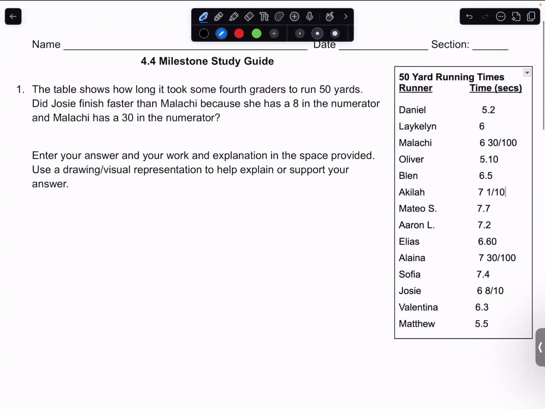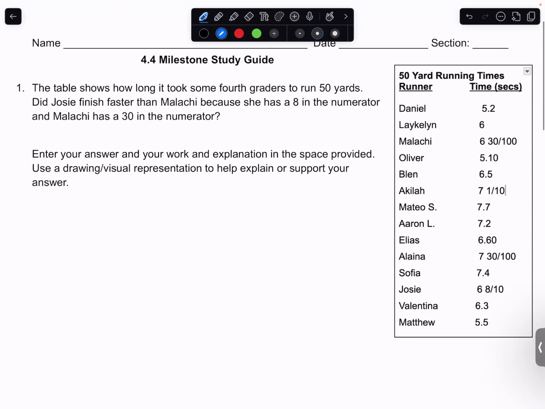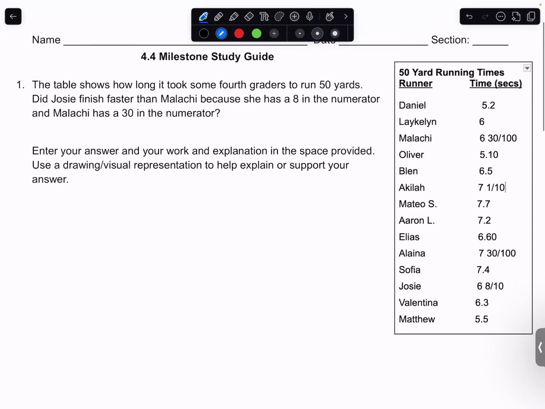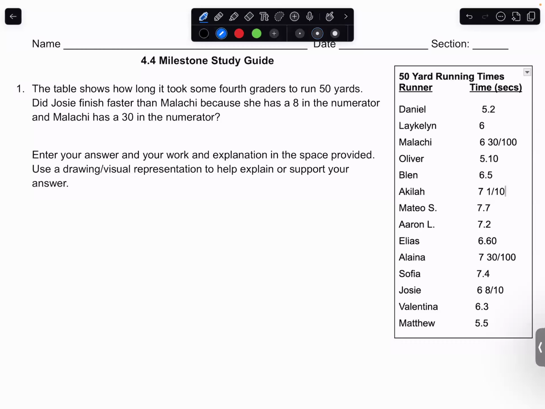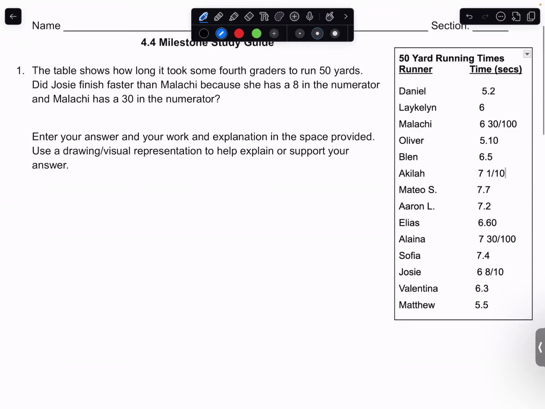First scenario, question, problem goes like this. The table shows how long it took some fourth graders to run 50 yards. Did Josie finish faster than Malachi because she has an 8 in the numerator and Malachi has a 30 in the numerator? So this problem, what's it about?